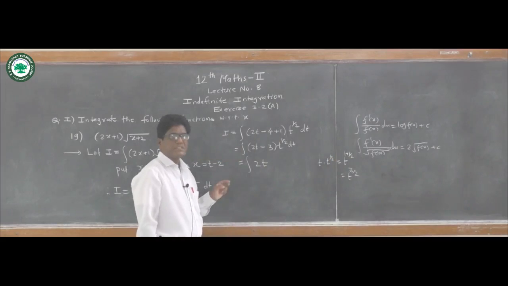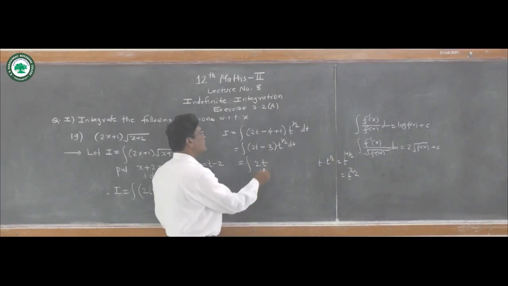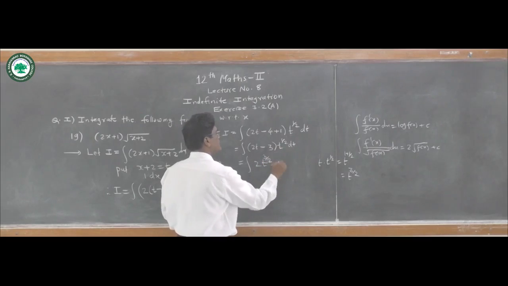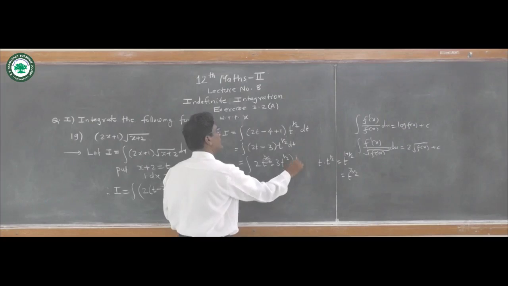So we write t to the power 3 by 2 minus 3 into t to the power 1 half, into dt.